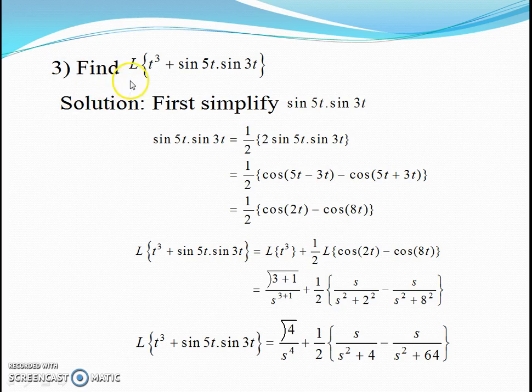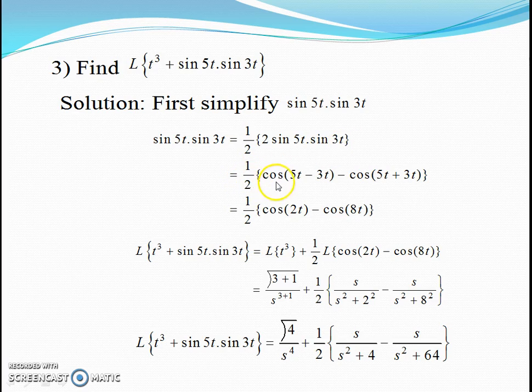Example 3. Find the Laplace of t cube plus sin 5t into sin 3t. In this example, first of all we simplify sin 5t into sin 3t using a trigonometric formula. Sin 5t into sin 3t equals 1 by 2 in bracket 2 sin 5t into sin 3t.